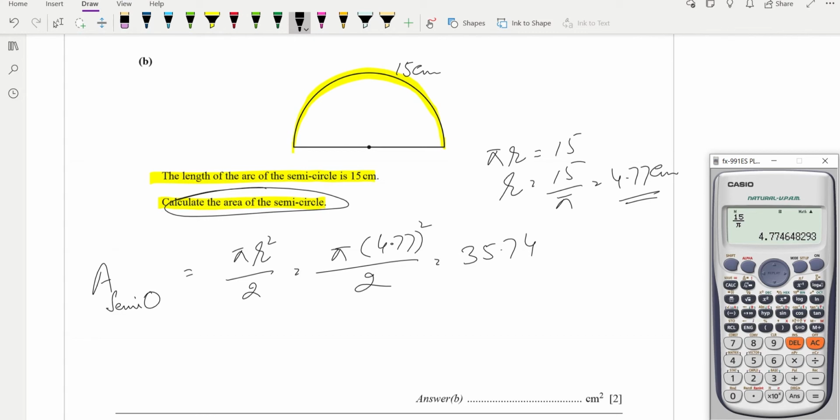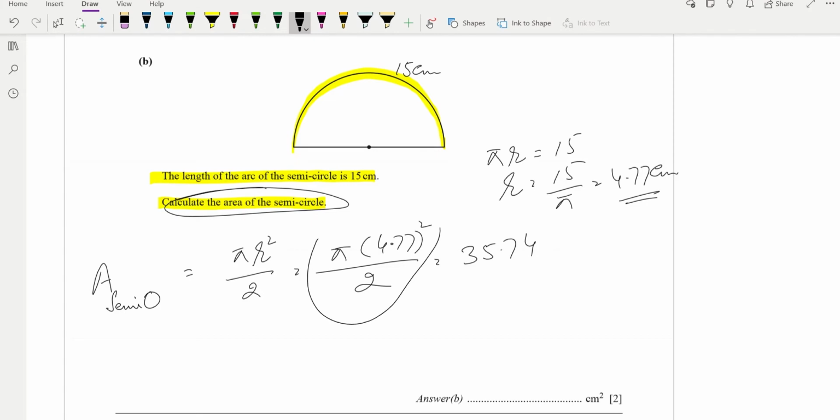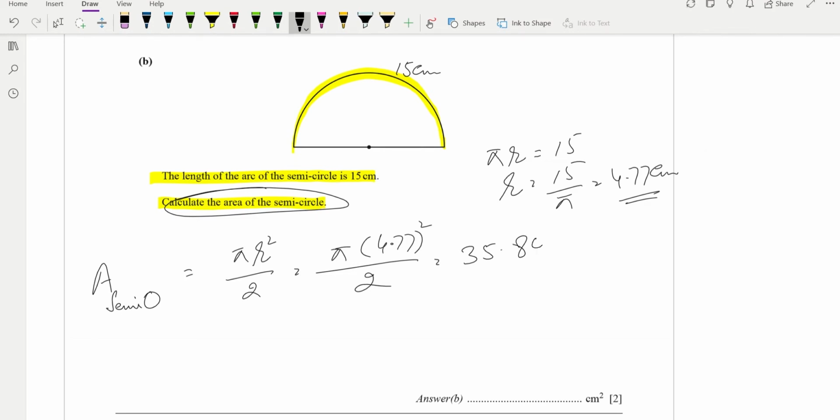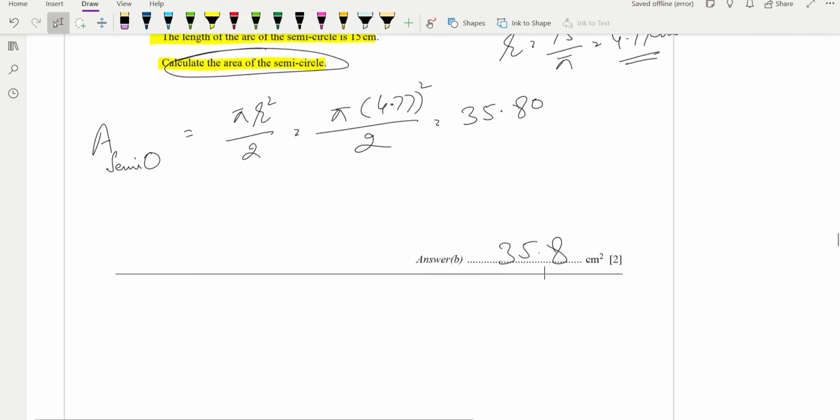If I use this number for this calculation, we will see what will happen. So pi multiplied by the answer squared, and divided by 2, is equal to 35.80. So we will get 35.8. This will be our final answer.